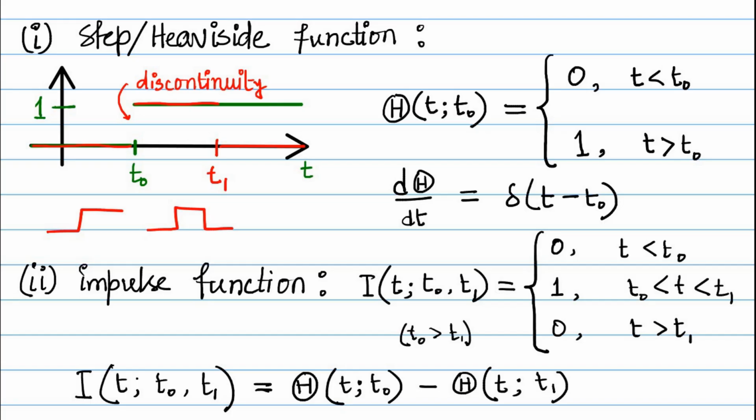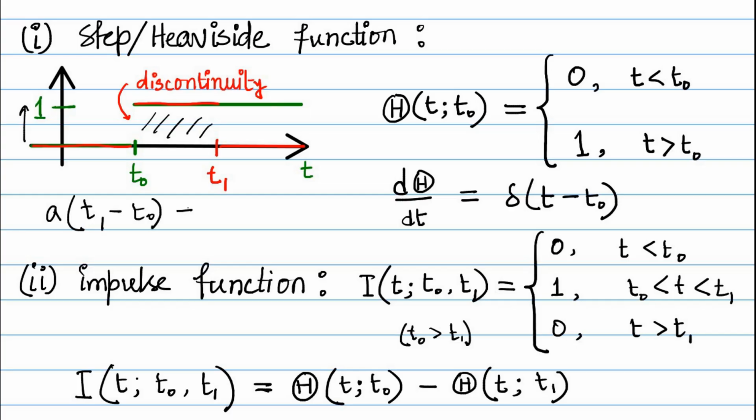The step function has one discontinuity at one point, whereas the impulse function has two discontinuities at two different points. And they're very useful, often used, and if you want to keep the area in between constant, that means instead of the height 1, you have the height a, and the width remains t1 minus t0, excuse me. So this is an area.